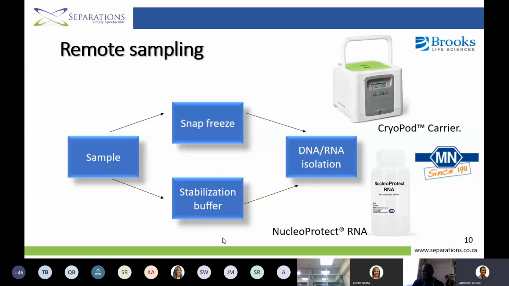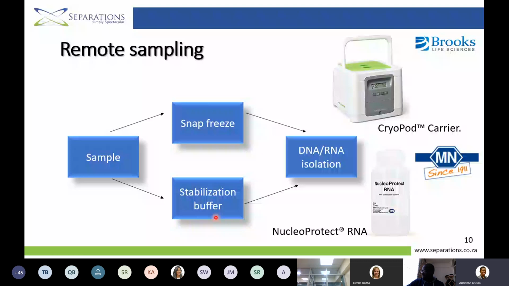Okay, so now we're looking at providing some solutions for the challenges that come along with environmental samples. First of all, in the case of remote sampling, you either want to snap freeze your samples to preserve the integrity and optimize yield eventually for processing, or you want to use a stabilization buffer.